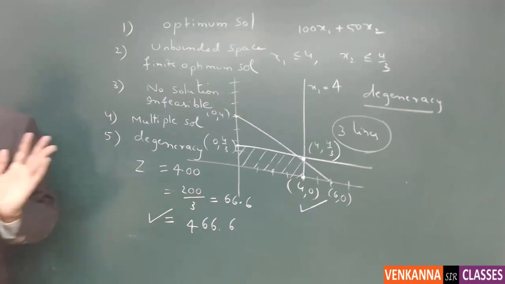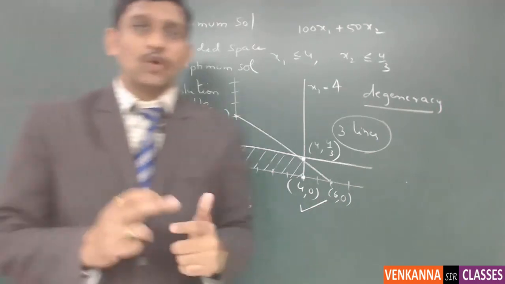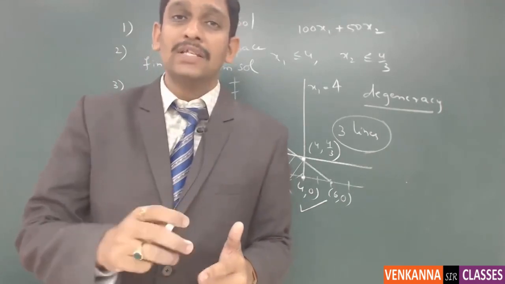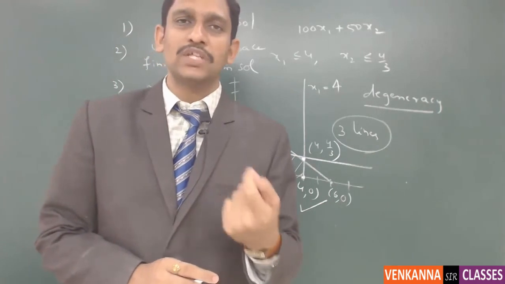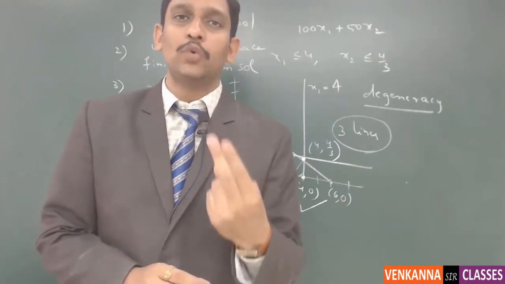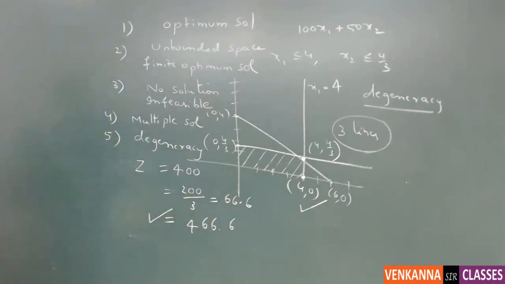Right. So in the previous problem, we had three lines intersecting, but no point is formed by means of all the three. The intersection point is formed just because of only two lines, not of three lines. Such a situation we do not call degeneracy. Clear now?